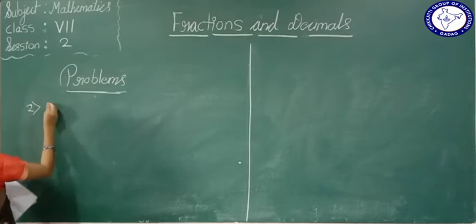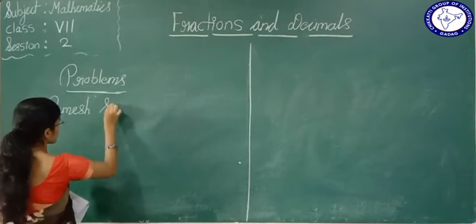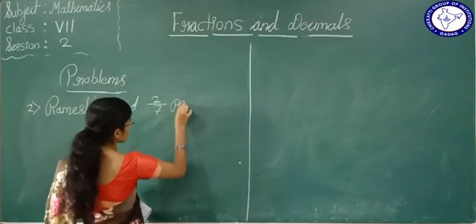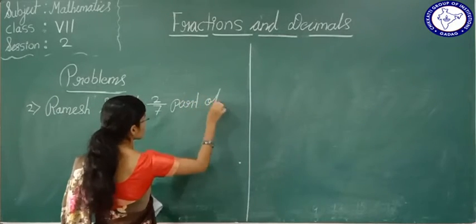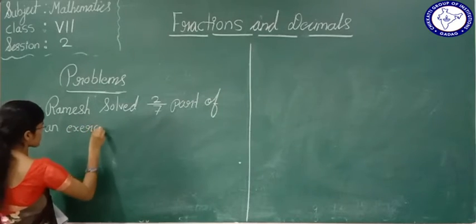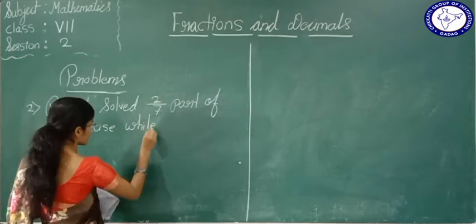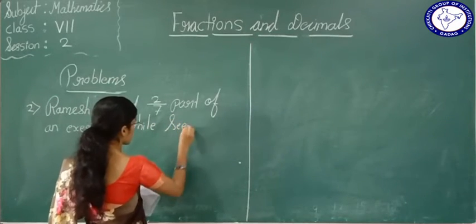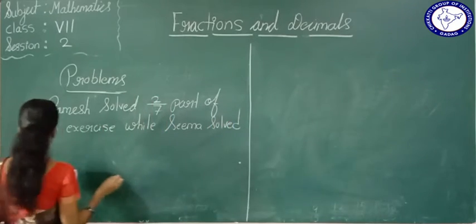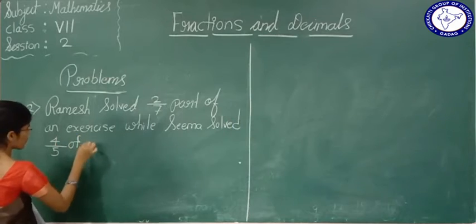Take down the second question. Ramesh solved 2 by 7 part of an exercise while Seema solved 4 by 5 of it.